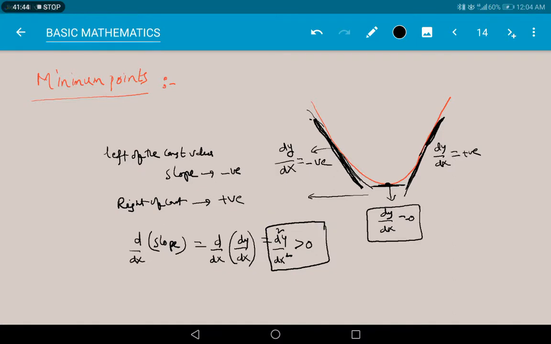If the second derivative is greater than 0, the function is minimum at that point.